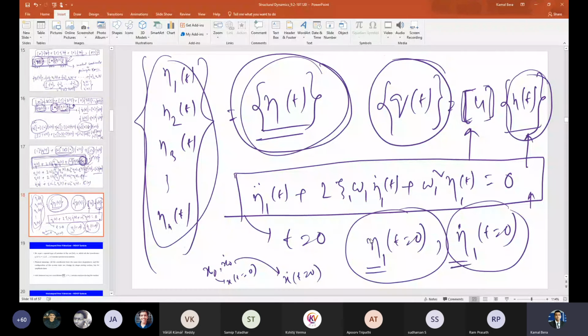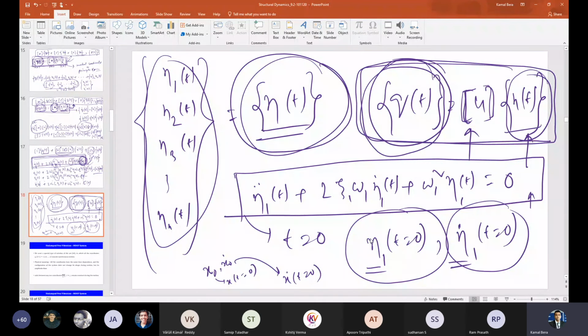Now, the initial displacement or velocity will be given in the physical coordinate, obviously, because eta 1, eta 2 have no physical significance. It is some combination, and you do not know what it is. You introduced the coordinates eta 1, eta 2 up to eta n to uncouple the equation of motion through this transformation.